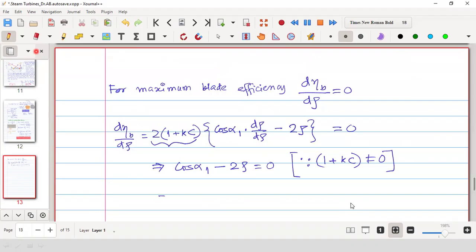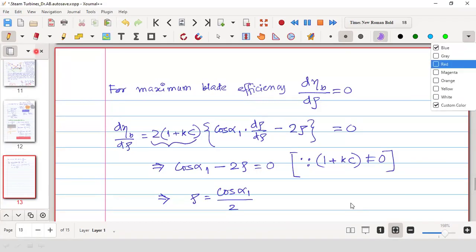Therefore, this is the condition for maximum efficiency or minimum efficiency, we have not proved yet. So rho is equal to cos alpha 1 by 2. For maximum or minimum condition, we have to check whether the double derivative is negative.